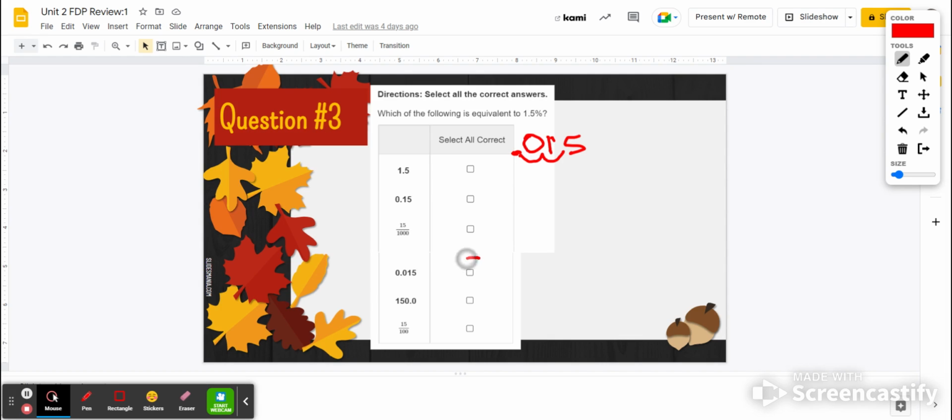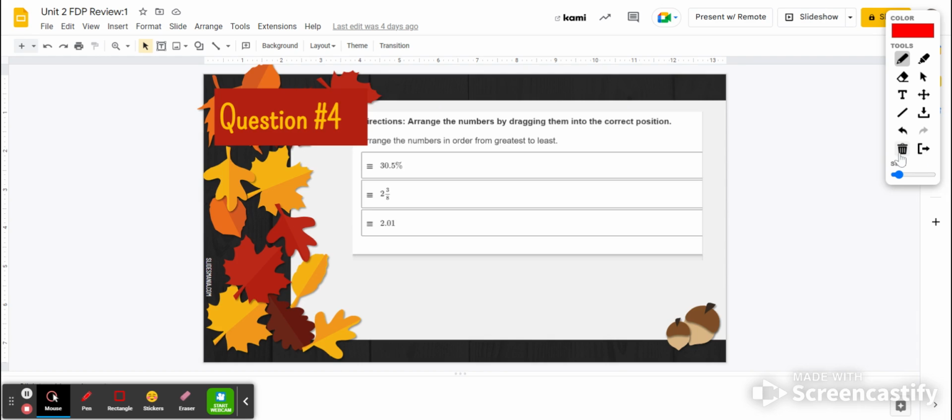I see that right there. So there we go. Now to put this percent as a fraction, I know that 1.5% is out of 100. So if I look at this, I want to see if this is worth 1,000. So if I need to add a decimal place here, I know that my answer is absolutely those two.